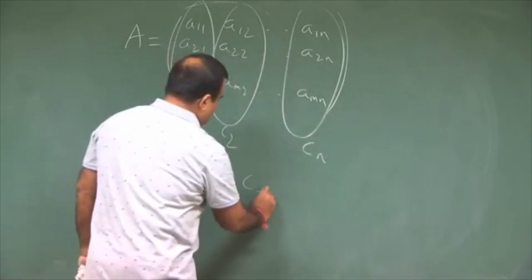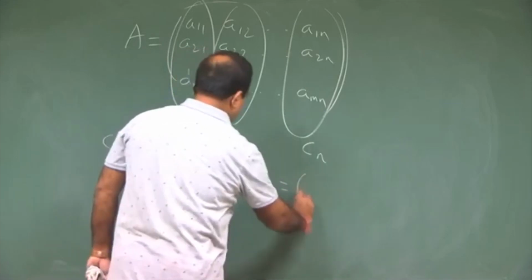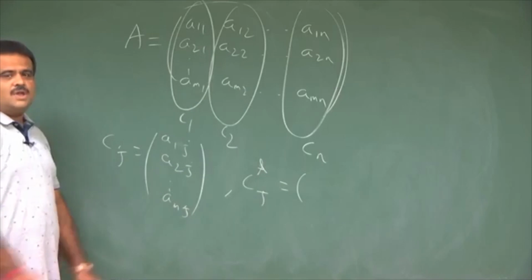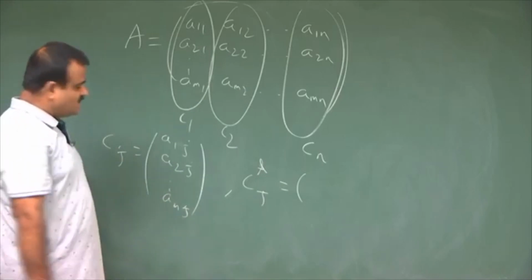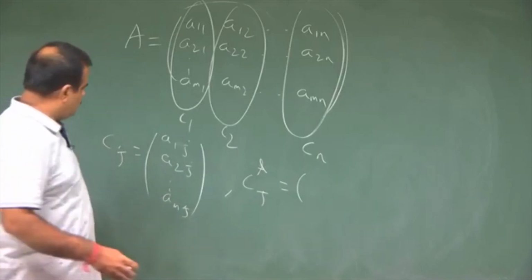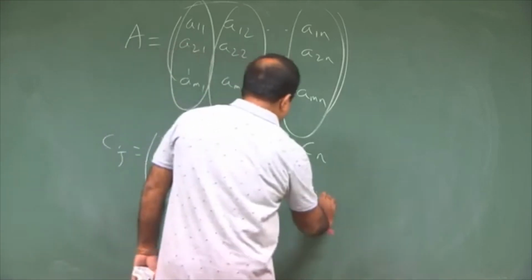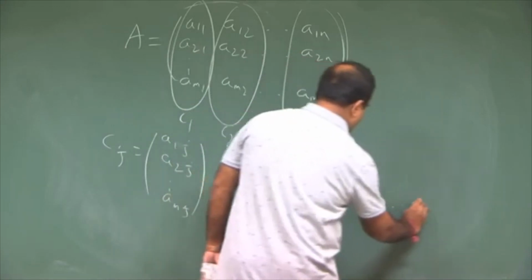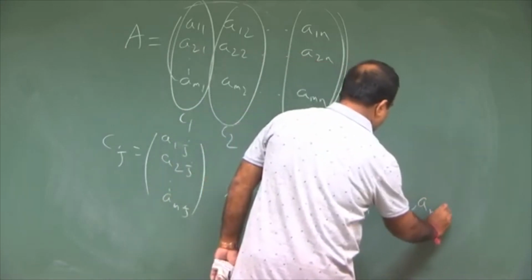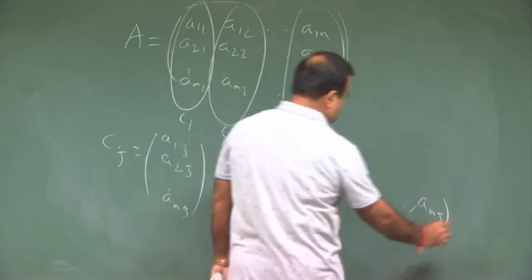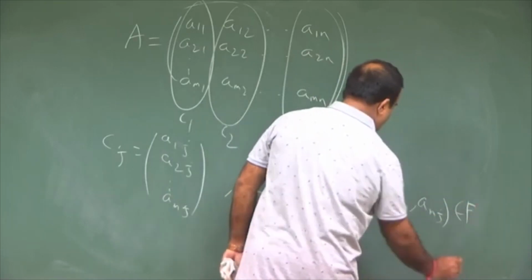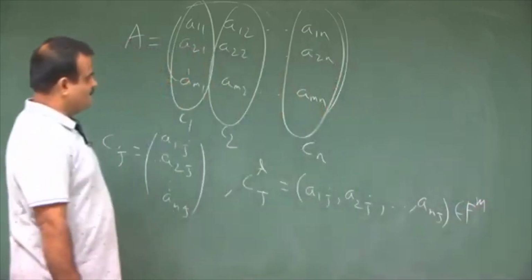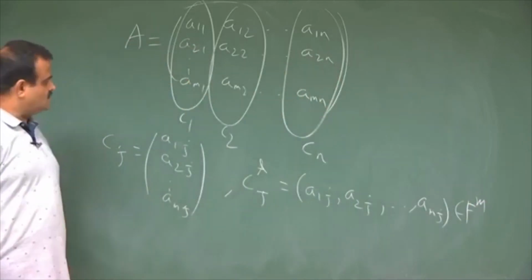If you take the transpose, the column vector becomes a row vector, and then we can talk about the tuple, which is a Cartesian product of F: A 1 j, A 2 j, A m j. Now we can write this as f to the power m.